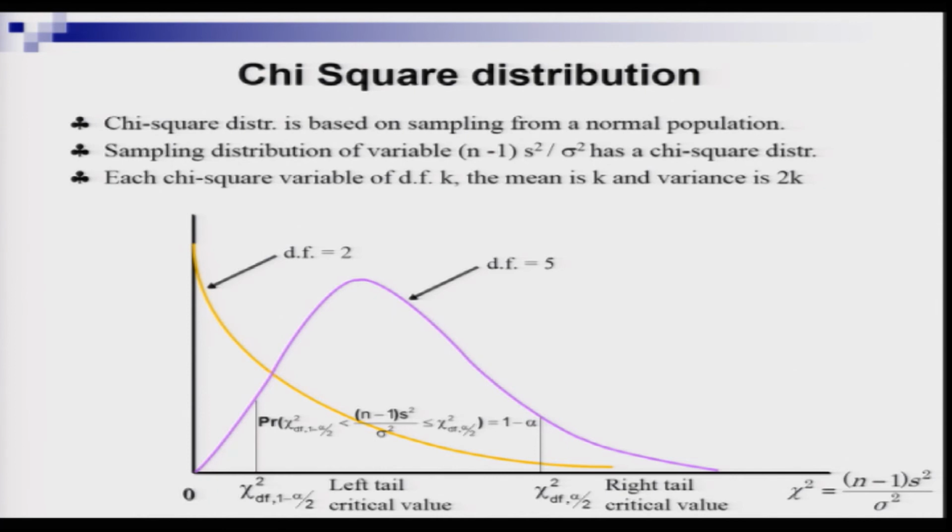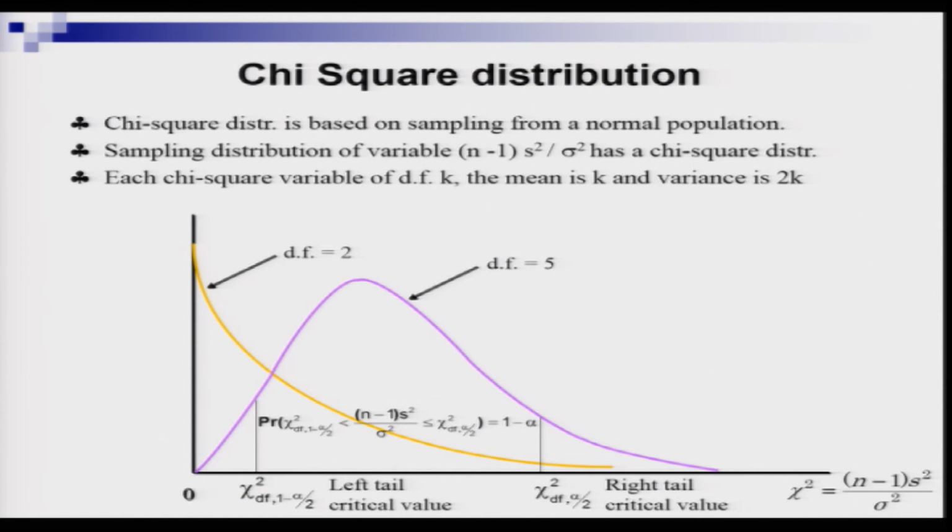Now, how do we find this left tail critical value and the right tail critical value? Say we have 1 minus alpha equal to 95%. In that case alpha will take the value 0.05. If you now subtract alpha divided by 2, which is 0.025, from 1, then you have a probability value of 0.975.